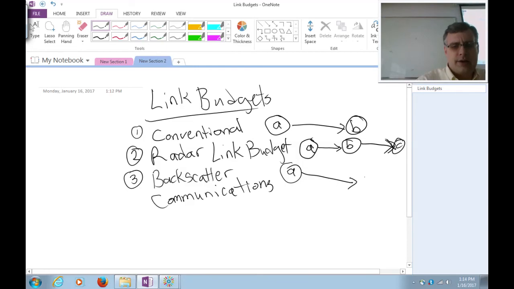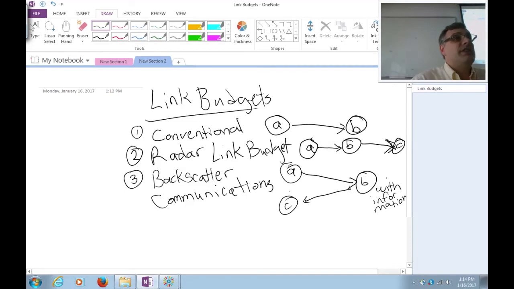And this is A to B with information to C. And in both cases, case number 2 and case number 3, A and C could be the same location, and often are. We'll review the terminology for talking about that. It's really where the information is originating from, which determines which of these link budgets you use.